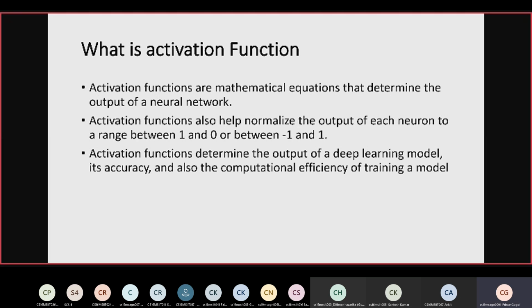What is an activation function? Activation functions are mathematical equations that determine the output of a neural network. Activation functions also help normalize the output of each neuron to a range between 1 and 0 or between -1 and 1. Why do we need activation functions?